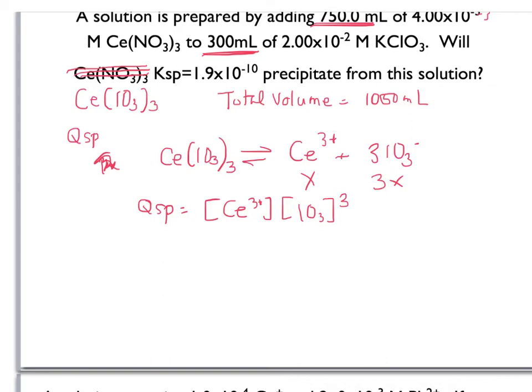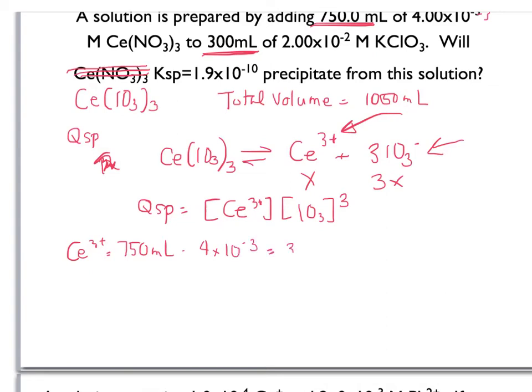Now let's find the molarity of these two things, of the iodate and the cerium. So for the Ce3+, I have 750 milliliters times the concentration, 4.0 times 10 to the negative 3.